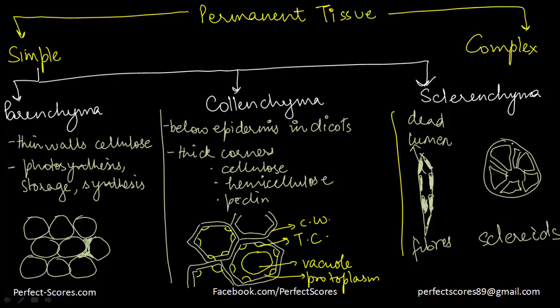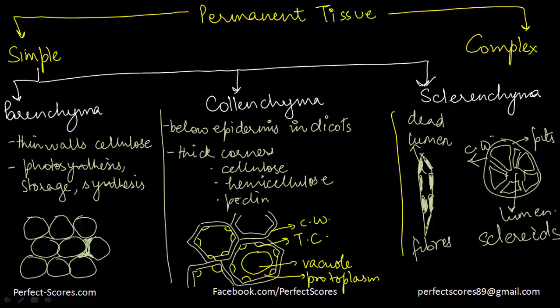So these are known as the pits, where these groove-like structures start. The central area is known as the lumen, and this is the thick cell wall. So that is all that you need to know about the sclerenchyma, and they're usually found in nuts and in the fleshy part of guava, in peas, and even in leaves of the tea. So that is where these tissues are found.